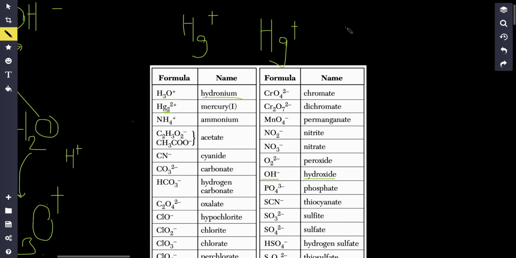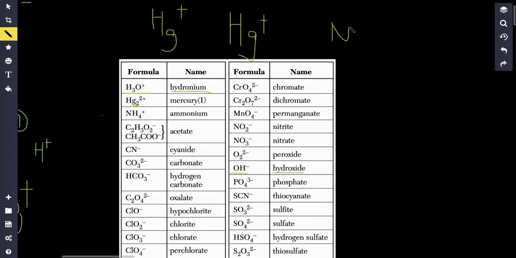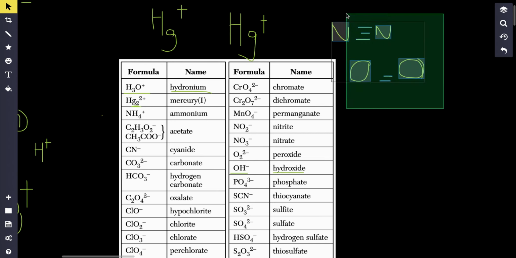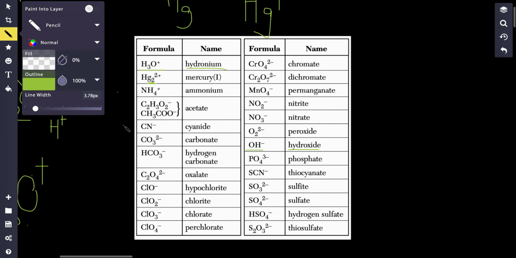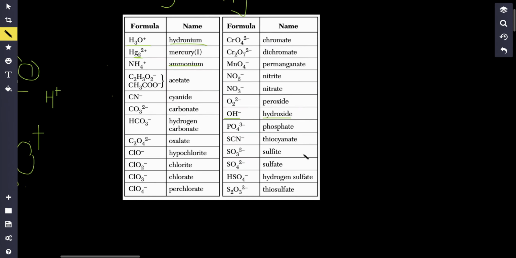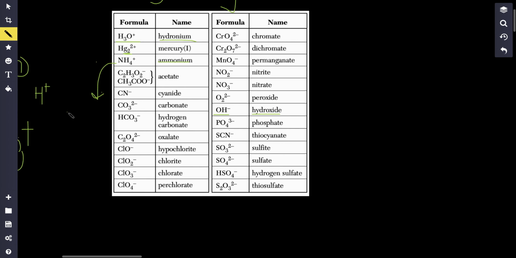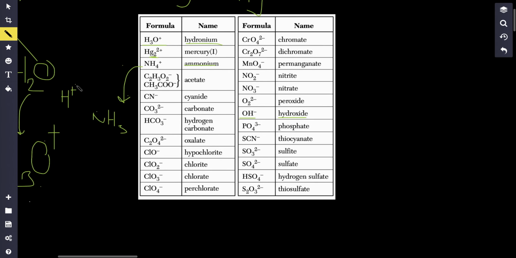We talk about diatomic nitrogen, diatomic oxygen. Have you ever heard of diatomic mercury before? Probably not. Ammonium comes from ammonia. You might have heard of ammonia before, NH3. And once again, if NH3 gains a proton, you become NH4+.